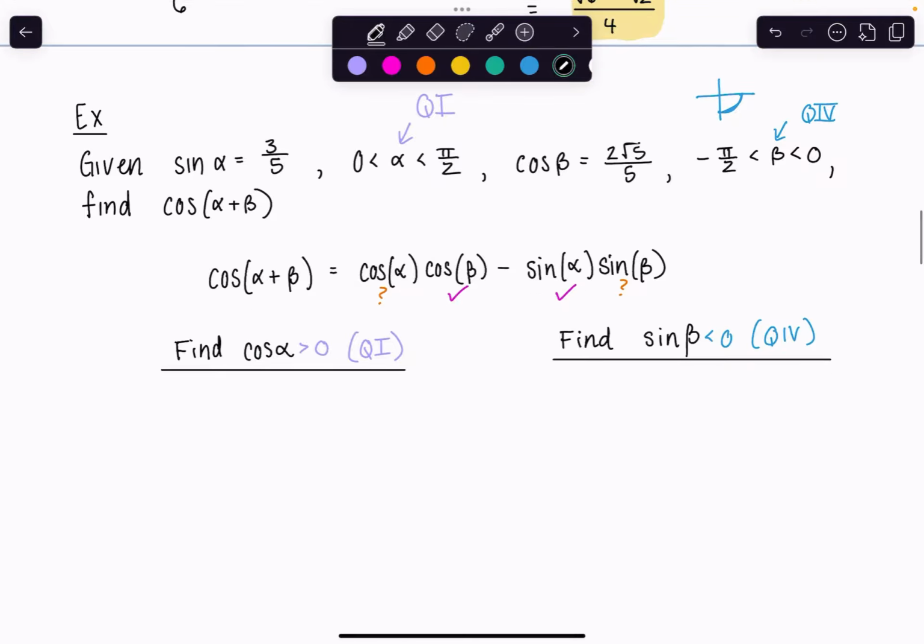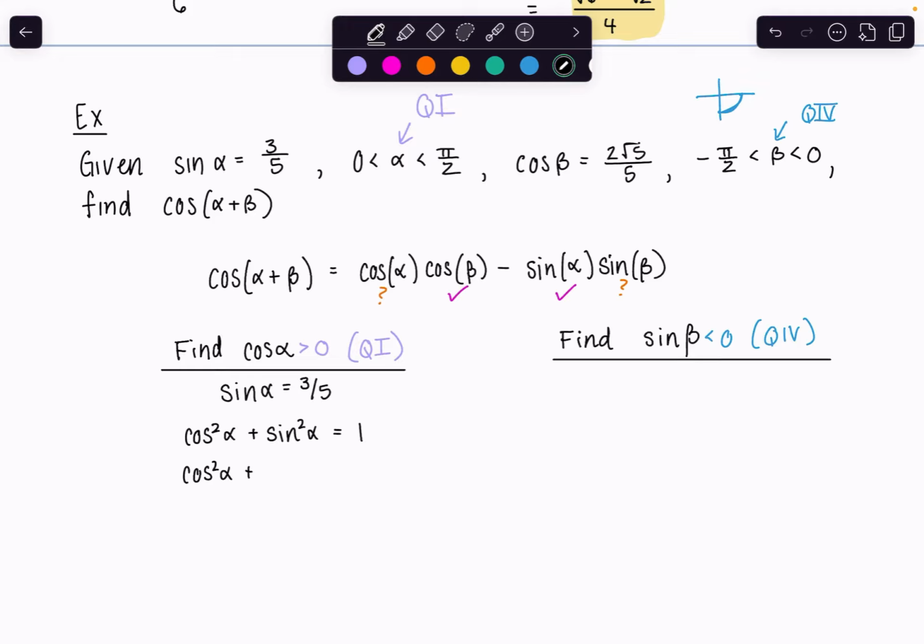So I know that sine alpha is 3/5. So I need to find cosine alpha. You can totally make a triangle if you want. I'm going to go ahead and use our Pythagorean identity for this one. I know cosine squared of an angle plus sine squared of an angle has to equal 1.